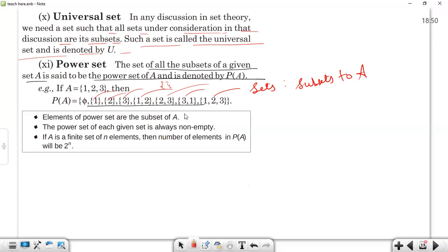The elements of the power set are called the subsets of A. The power set of each given set is always non-empty.